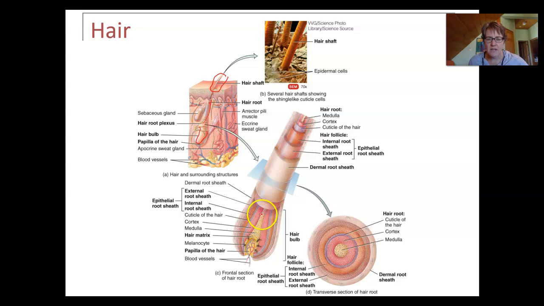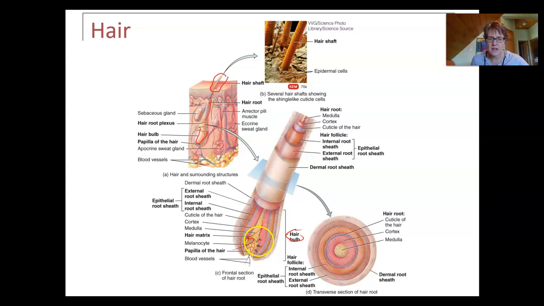So as I'm coming down, this little guy here is kind of the outermost swelling of the hair, the hair bulb. All right. So the hair bulb is, when you yank at a hair and the bottom part kind of has a little blob on it, that is the hair bulb portion.